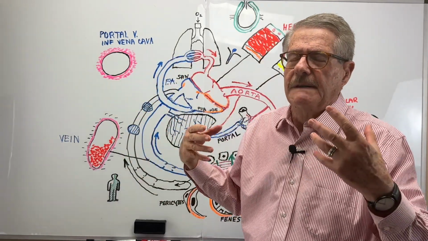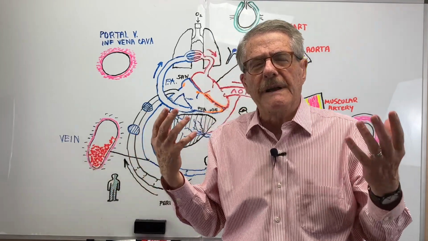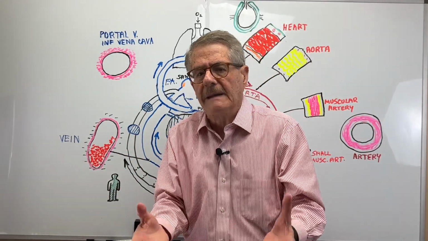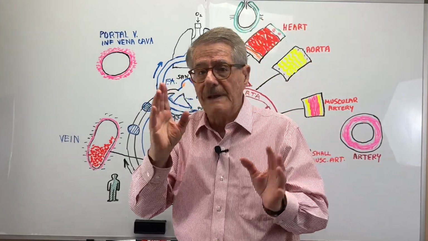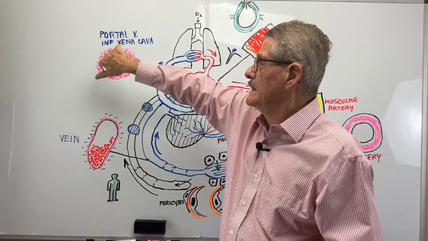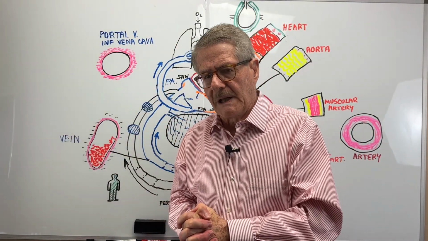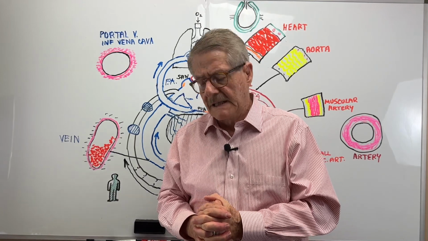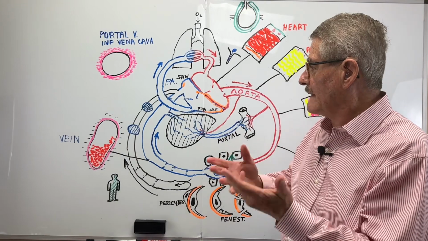Sometimes it's difficult to realize that we're facing a vein when the muscle layer is so thick. But when you see that the fibers are going longitudinally in the adventitia, you know that we're dealing with an abdominal type vein, such as the portal vein or the inferior vena cava.